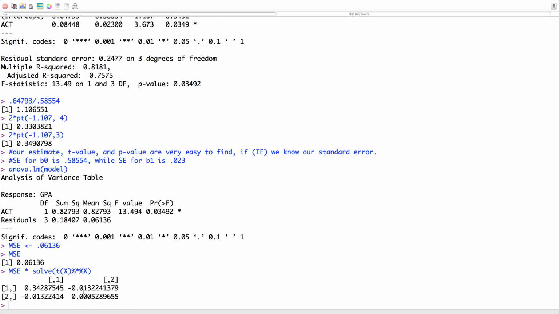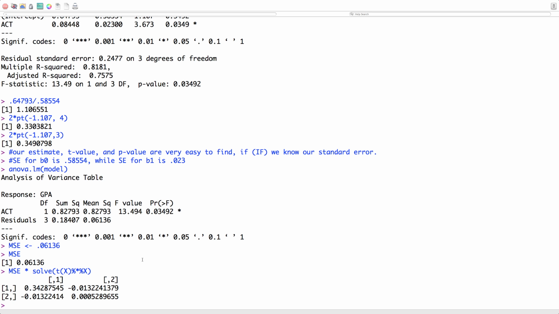And just like I said before, we expected these values, which are the covariance between beta 1 and beta 0, beta 0 and beta 1, to be the same. And these values right here give us the standard error squared for beta 0, and the standard error squared for beta 1.